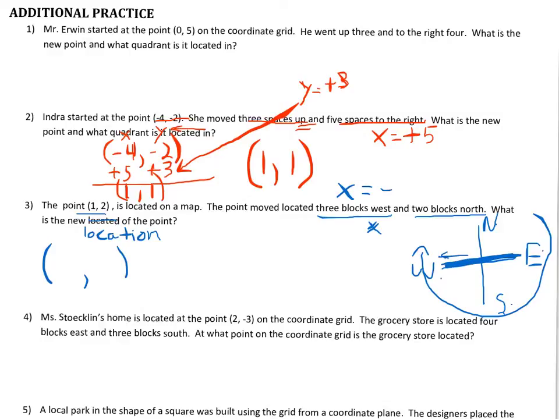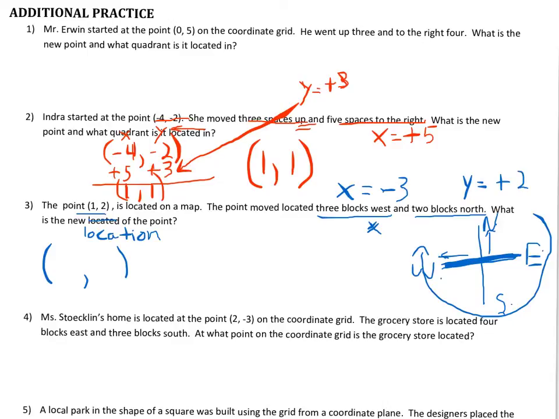Well, the answer is negative because I'm moving to the left, and then it was 3 blocks. Okay, 2 blocks north. Well, north and south are my y-axis. Okay, north I know is up, which means it's going to be positive, and it was 2 blocks.